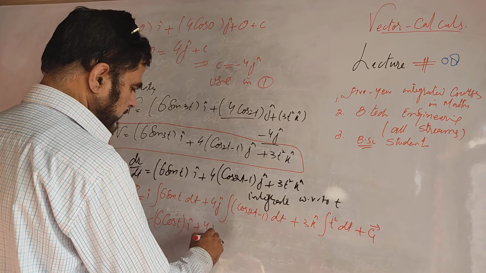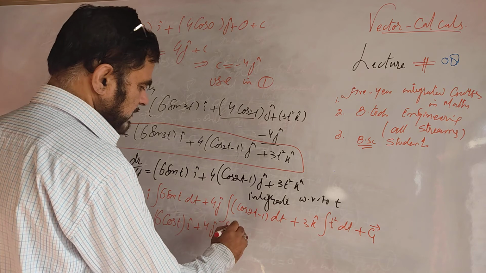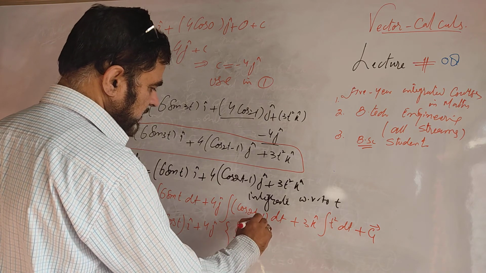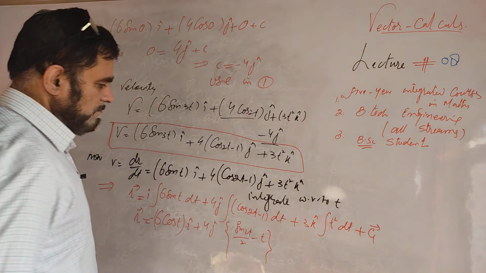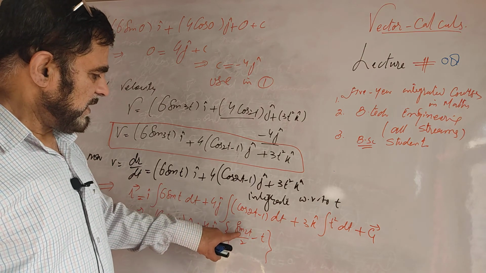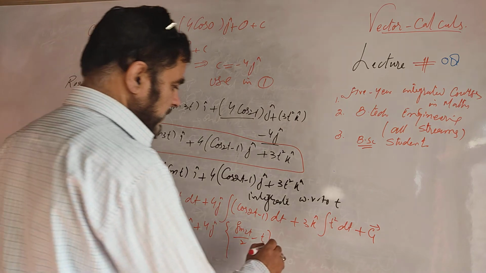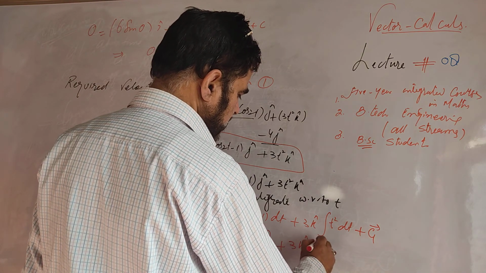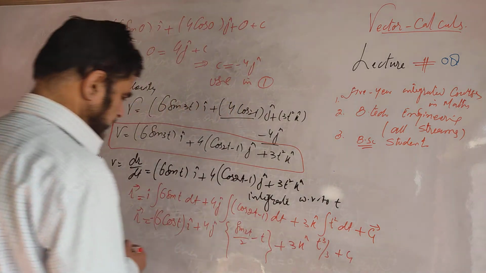Then plus 4j. The integral of cos 2t is sine 2t by 2, and the integral of 1 is t. Then plus 3k times t cube by 3, plus c1.